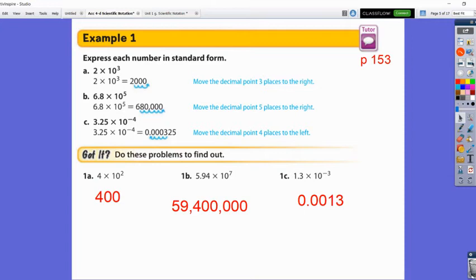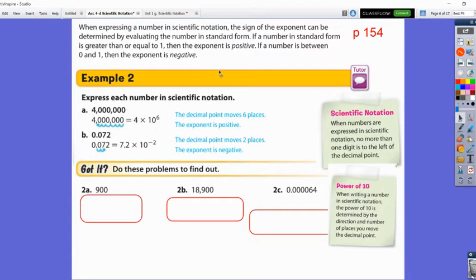To go the opposite direction, if you're given the number in standard notation, changing it to scientific notation, you take the decimal point, wherever you start, and move it until you get a number between 1 and 10, so there is one digit to the left of the decimal point. The decimal point starts at the end of this number because there isn't one.